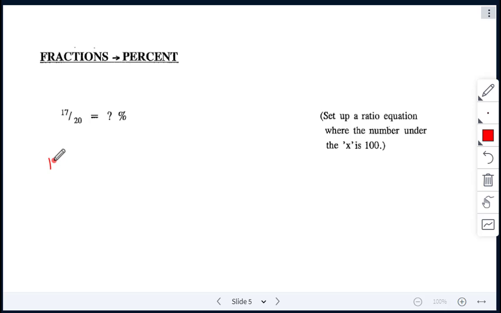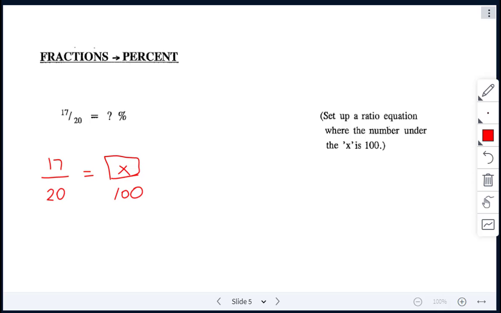So basically we have 17 over 20, and we know percents are out of 100, so our second fraction is out of 100. And we're trying to solve for, we'll just call it x. All right, so a couple ways you can do that. You can use cross multiplication, or you can use algebra, or you can just use equivalent fractions.